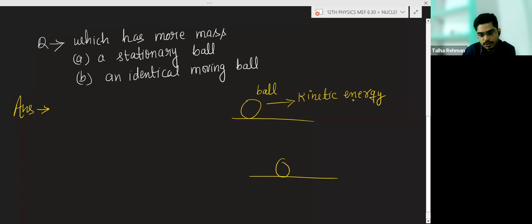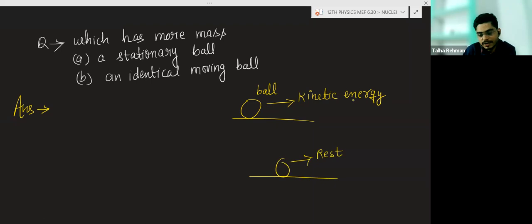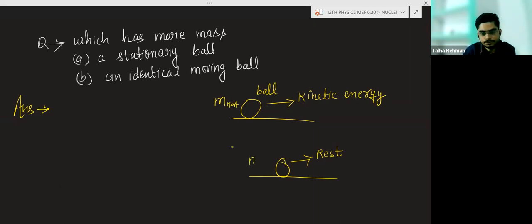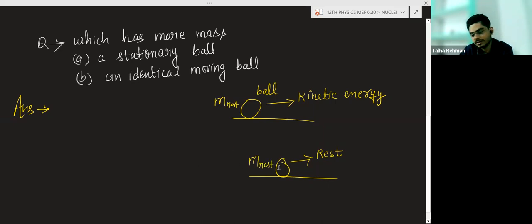Basically, if this ball is moving, it will have kinetic energy. And here is a ball that is at rest. Now consider m is the mass of the ball at rest. This moving ball will have the mass at rest plus mass due to the kinetic energy.